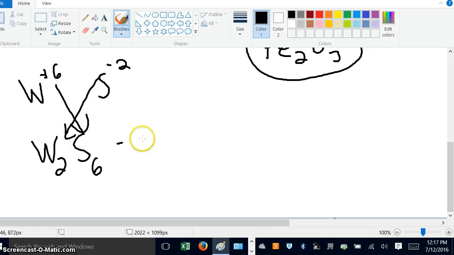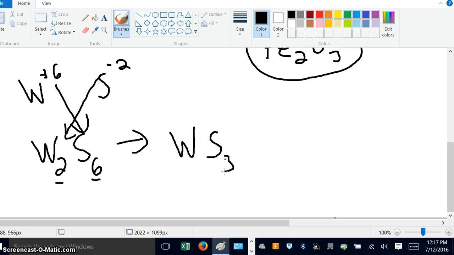So what does this become? Now remember, because this is an ionic compound, we have to reduce these subscripts to the least common factor. So 2 goes into itself once, so this is W, you don't write the 1, it's just implied. And then this 2 goes into 6 3 times.